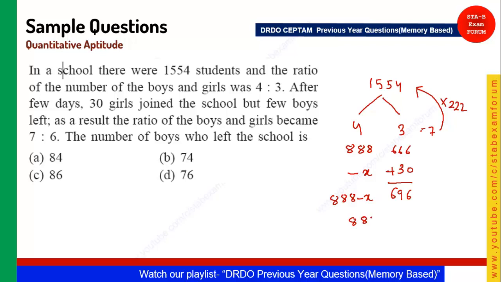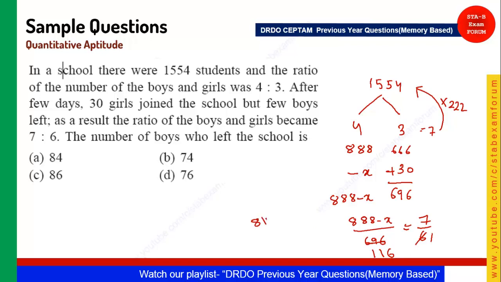So (888 minus X) divided by 696, you will get the ratio 7/6. Okay, so what you can do, cut with 6, 6 ones are 6, 6 sixes are 36. Okay, so multiply this with 7.